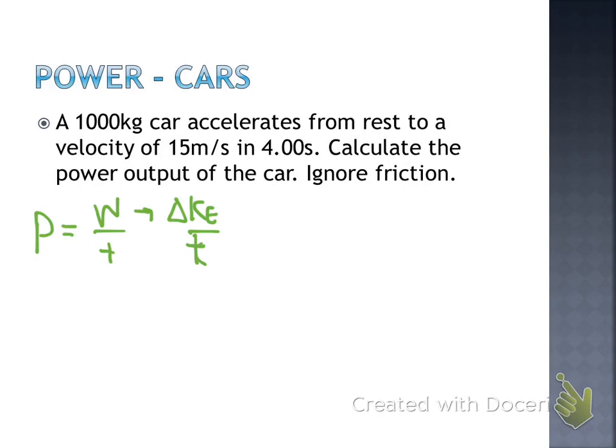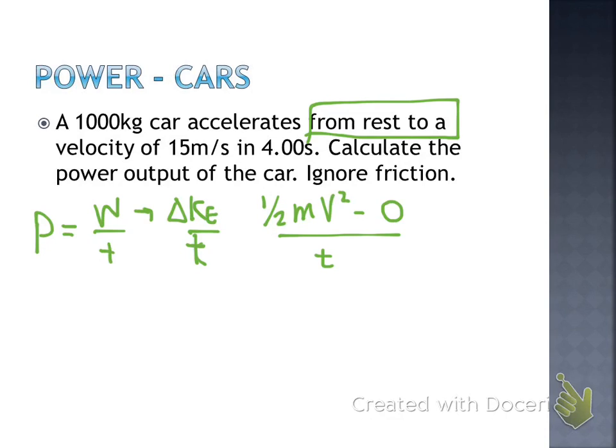Okay, so when it says it accelerates from rest, what does that help us with? Initial 0. Right, our initial kinetic energy. So if we say final kinetic energy, 1/2 mv squared, minus initial kinetic energy, which is 0, over time, that's going to be equal to power.